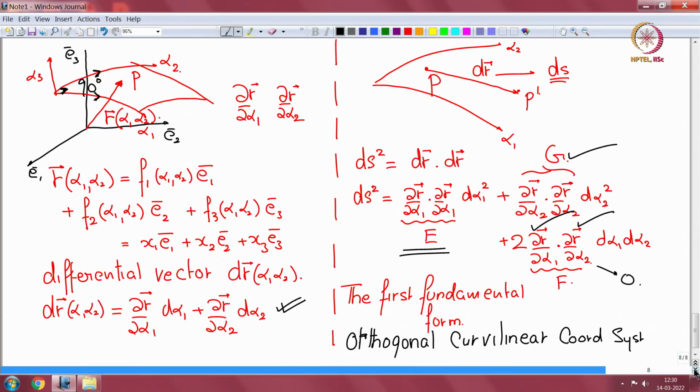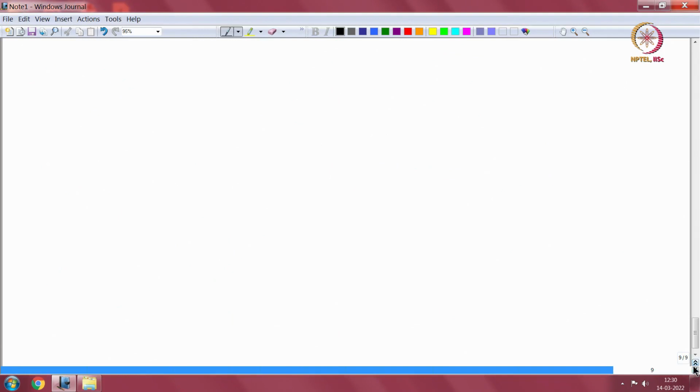So my ds square looks like del r by del alpha 1 magnitude squared d alpha 1 squared plus del r by del alpha 2 magnitude squared d alpha 2 squared. So we will give these further symbols in this form.